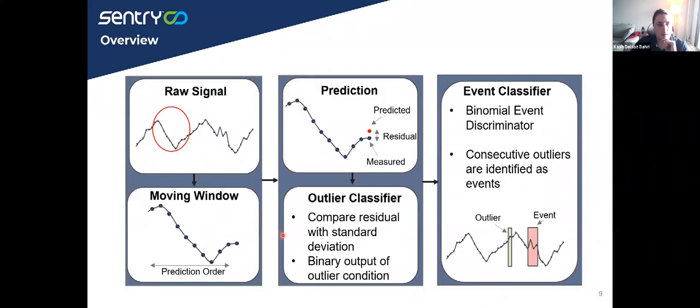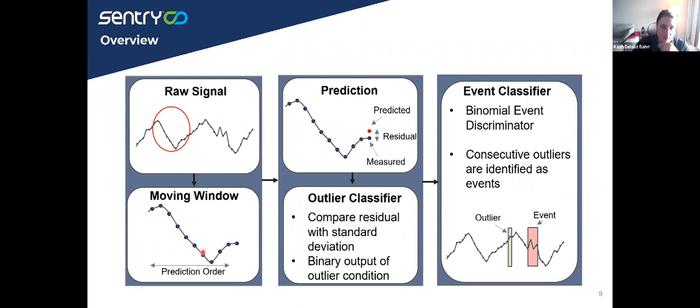So here is an overview of the methodology that we are going to implement. We have the raw signal. It can be in real time or it can be historical values in offline mode. We basically use a moving window that enables us to use the most recent values, and it also helps us replicate the online implementation of the algorithm.